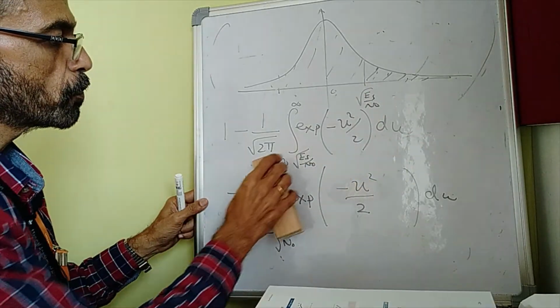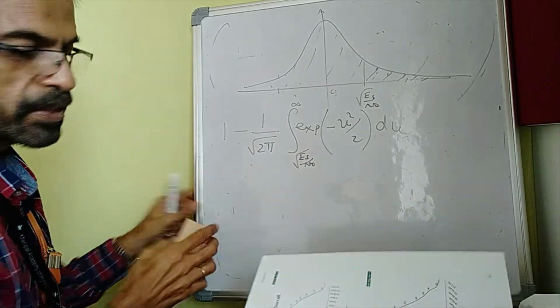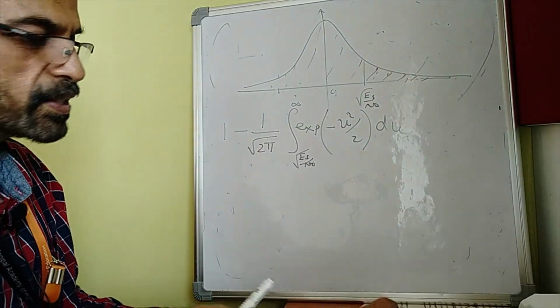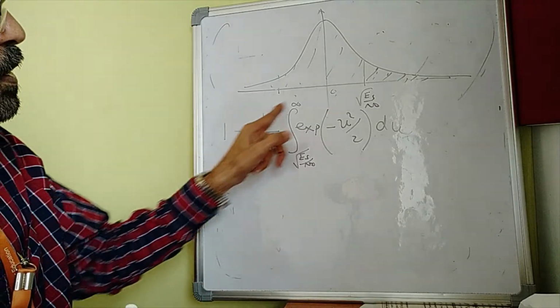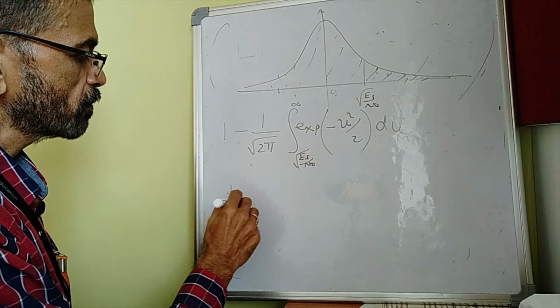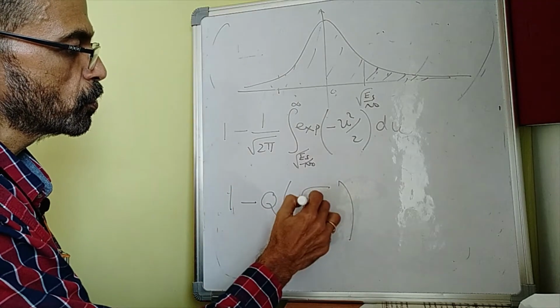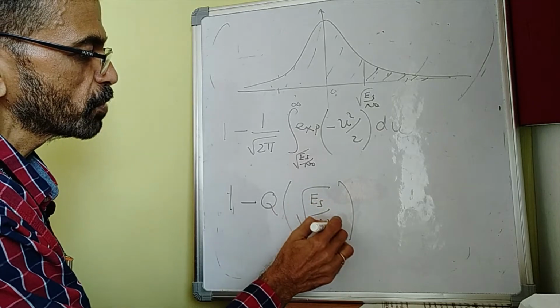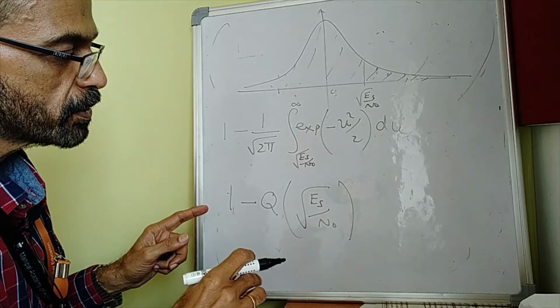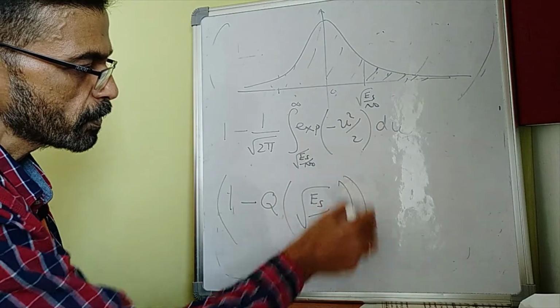And now we recognize the second term here as the Q function. So I can write 1 minus Q root Es by N naught, and there was a whole square which I have missed out, so whole square.